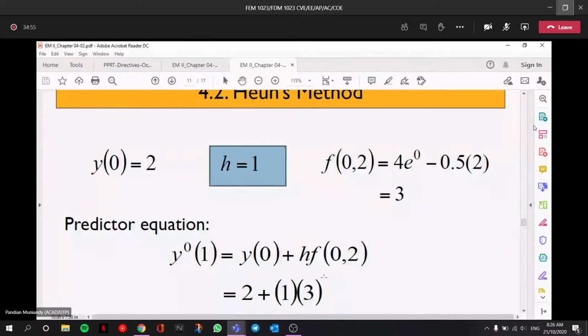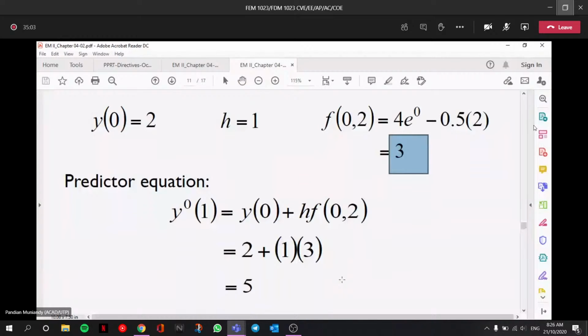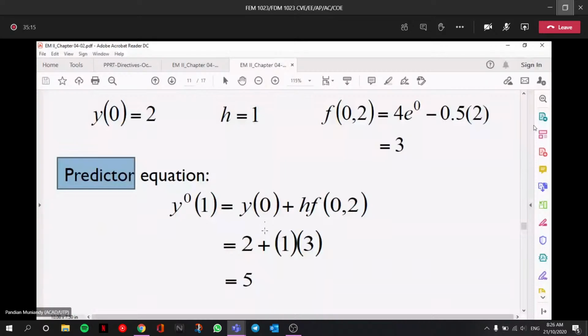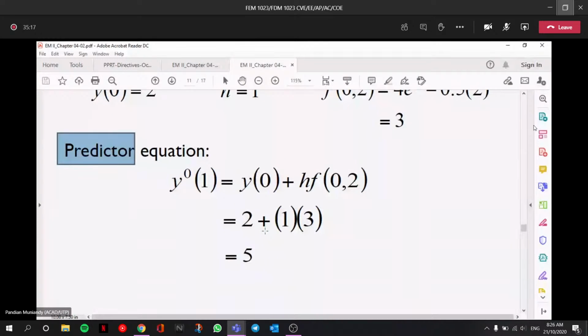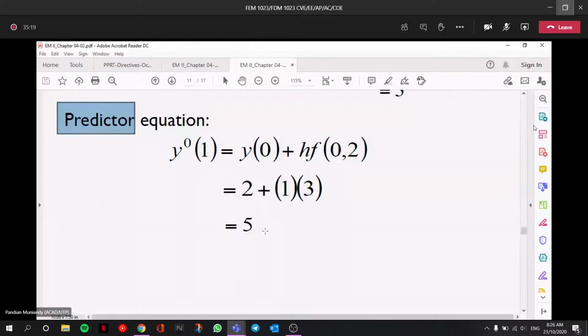Just substitute h equals 1. f(0,2) is 3, so you put 3 here. 1 multiply 3 is 3. 3 plus 2 is 5. So the intermediate output, the predictor, is equal to 5.